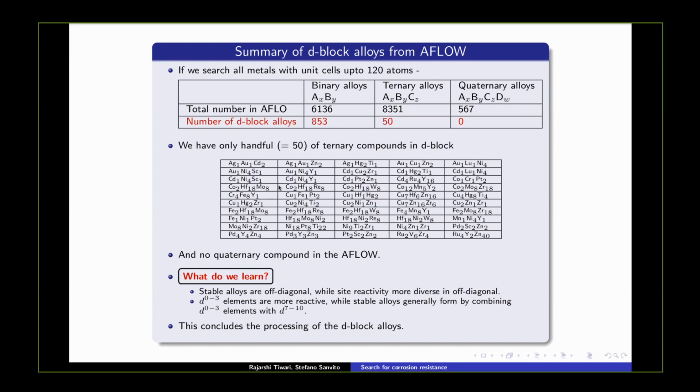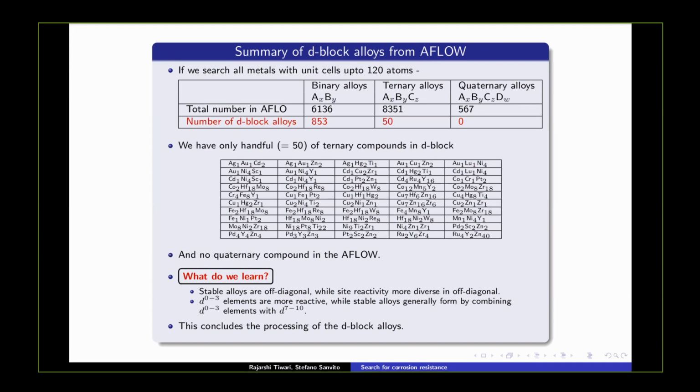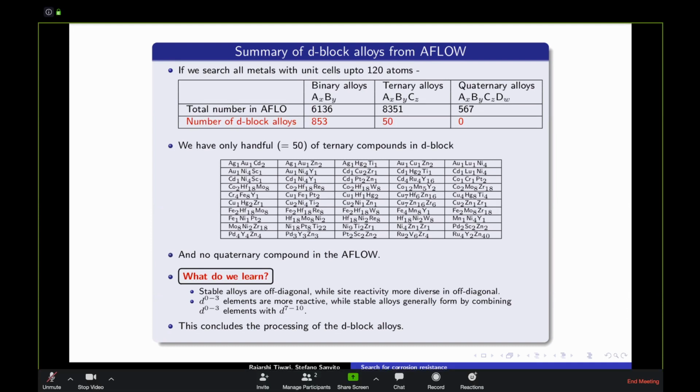What we learned is that the stable alloys among binaries are typically the off-diagonal ones, which means that a D0 to 3 electron occupation metal, if combined with D7 to 10, gives a more stable binary.